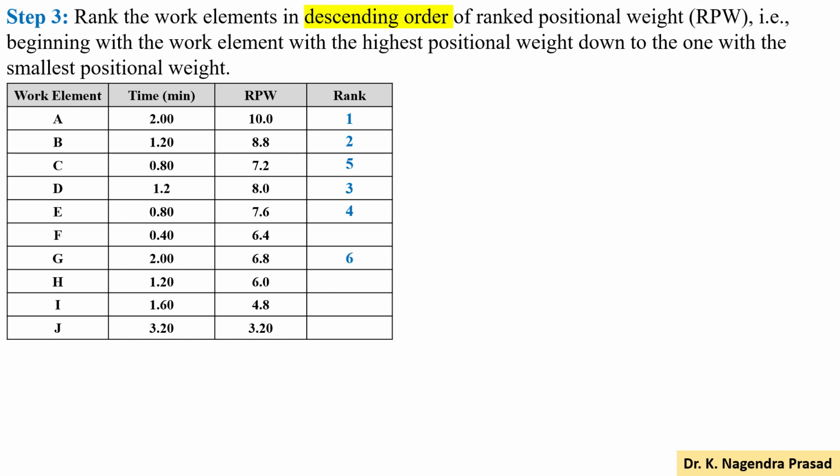The next highest RPW value is 6.8 for work element G, so for G, the rank is 6.